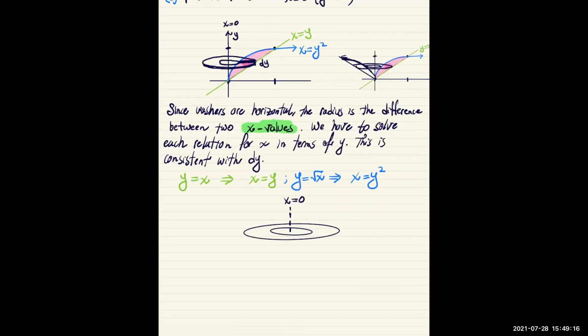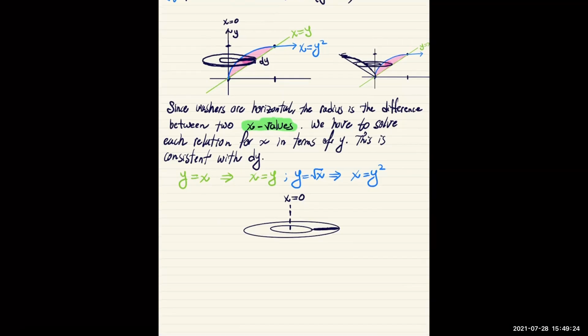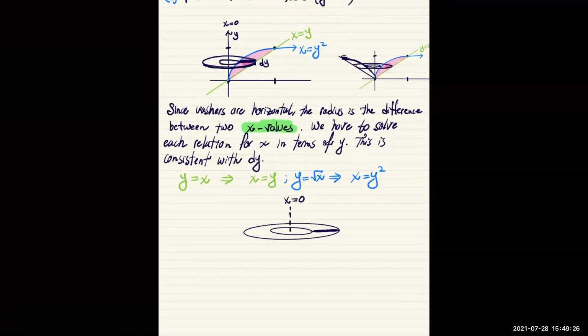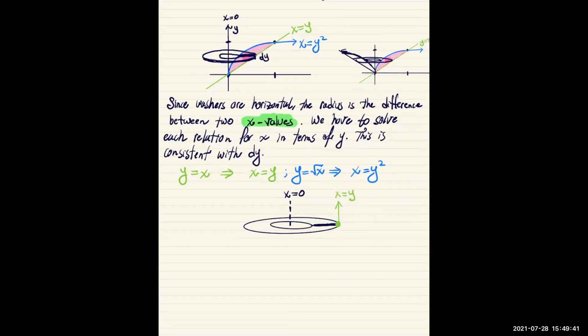Okay, this is my strip, the rectangular strip that we took, this strip right here. The point on the outer disk, this point, falls on the green function whose equation is x equal to y. And the point on the inner disk or the inner circle, this point, falls on the blue function. It's on x equal to y squared.